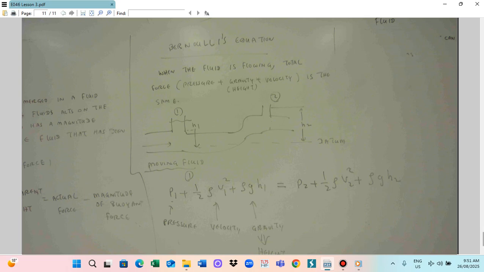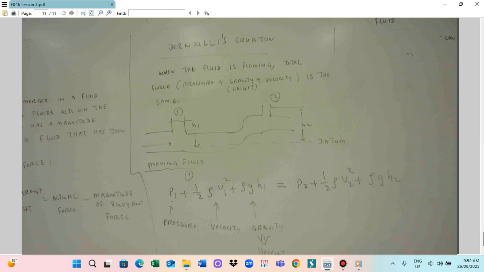Any fluids that are moving have pressure force, gravity force, and velocity. This is point 1 and this is point 2. At point 1, the pressure is P1, the velocity term is half into rho into V1 square, and there is the gravity term, which you can calculate as rho g into H1.